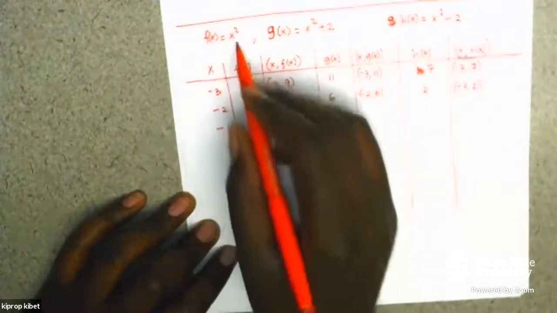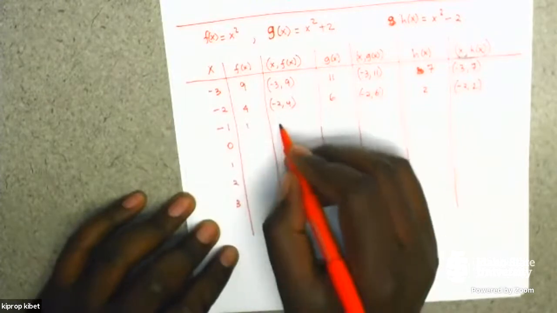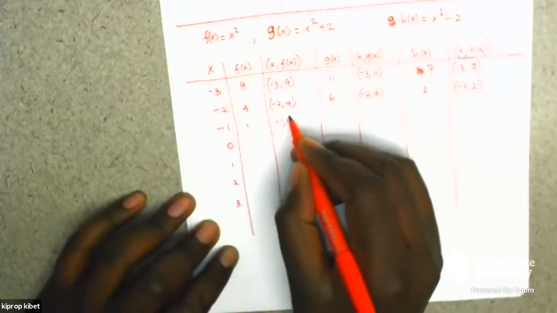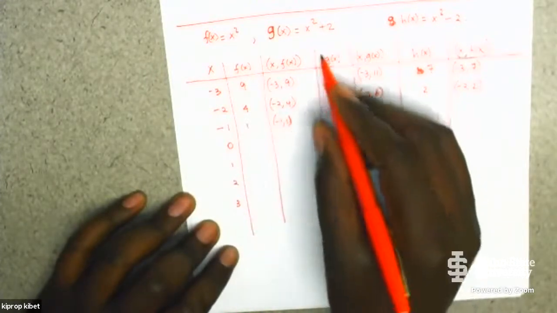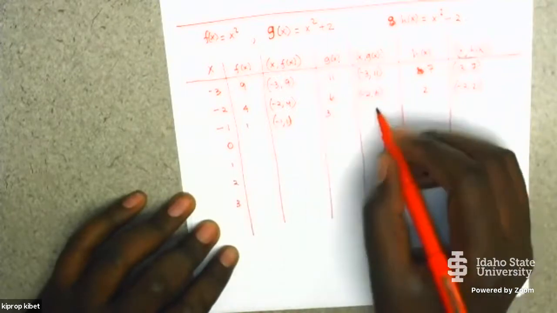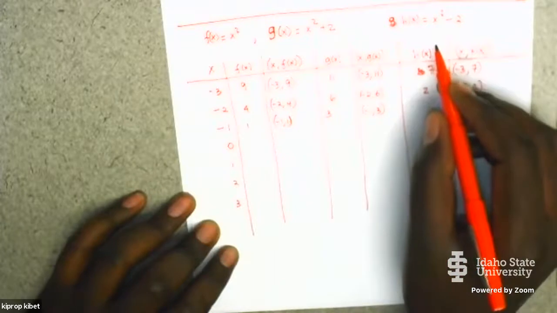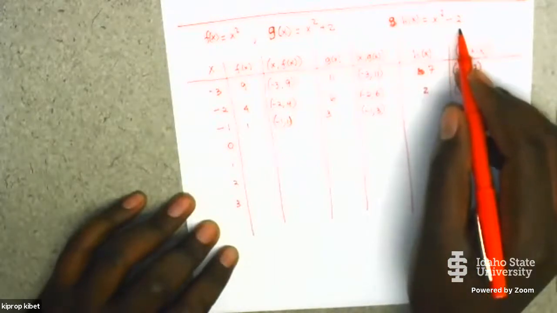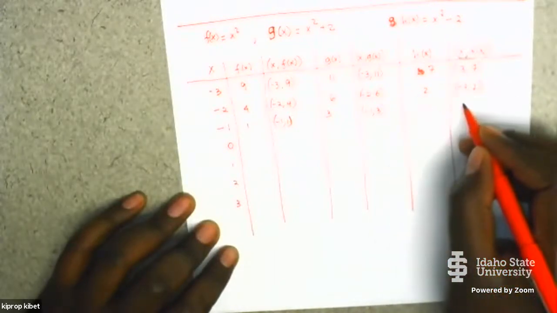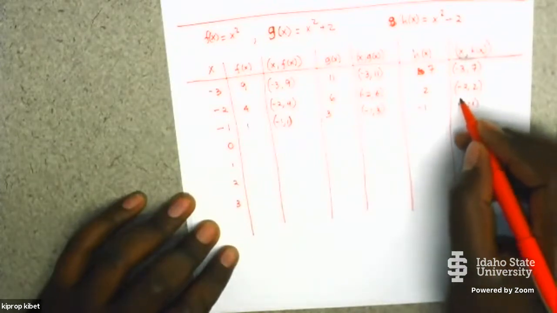When x is -1, this is 1, so -1 and 1. 1 plus 2 is 3, so -1 and 3. 1 minus 2 is -1, so here is -1 and -1.